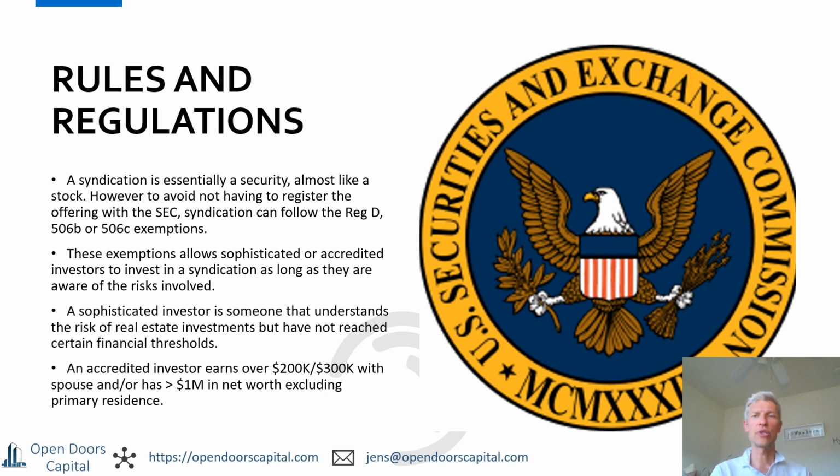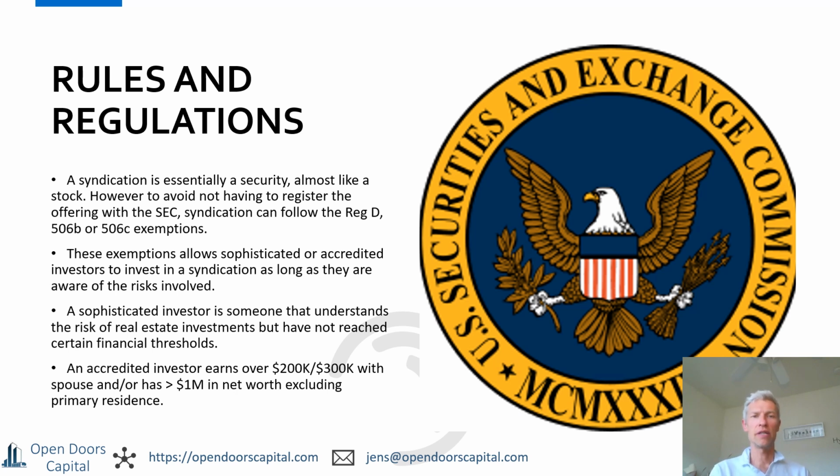So the SEC, the Securities and Exchange Commission, has various exemptions you can follow as a syndicator to avoid having to register the security. It's called Regulation D, and 506(b) or 506(c) are the typical ones used for multifamily syndications. These exemptions allow sophisticated or accredited investors to invest in a syndication as long as they're aware of the risk involved and sign an extensive amount of legal paperwork.